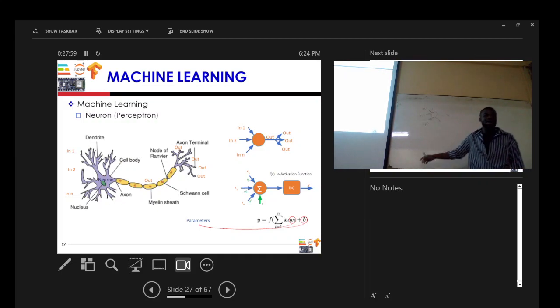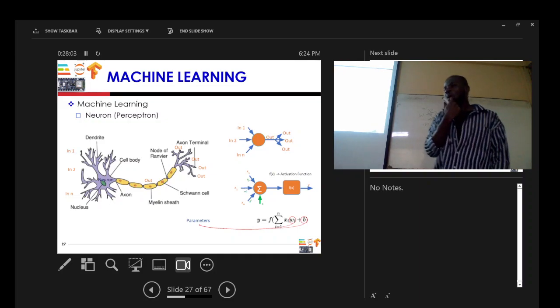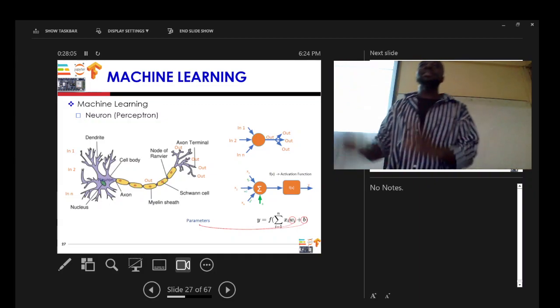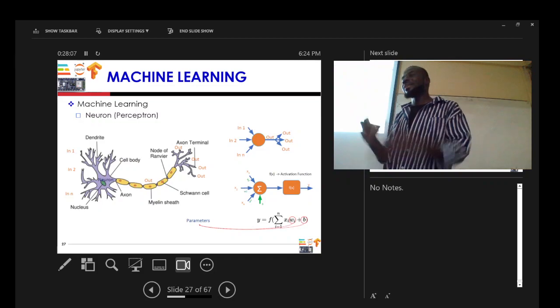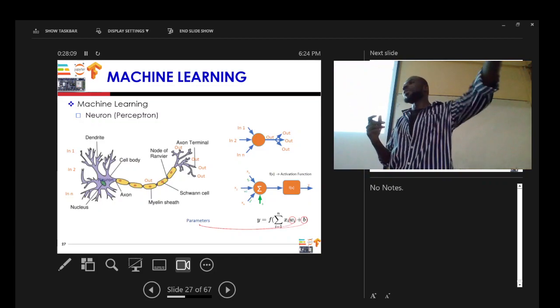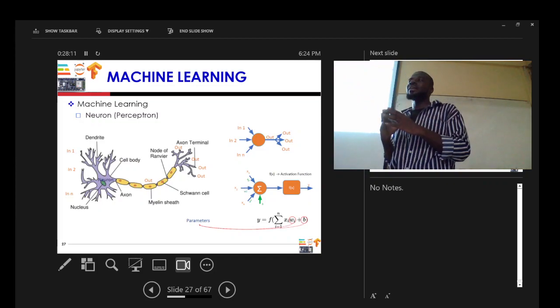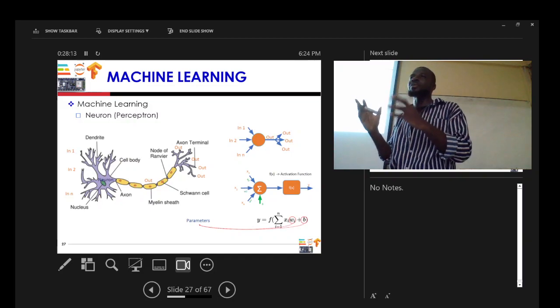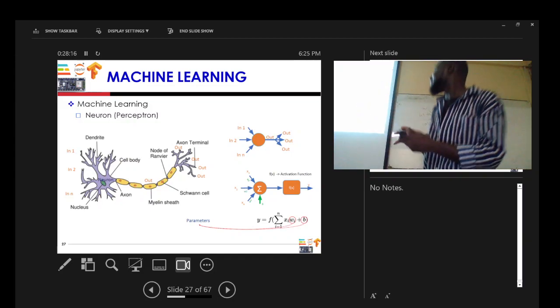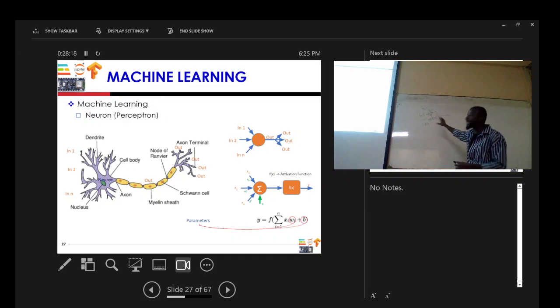Now, what does all of this mean? As I said, it's machine learning, so the neuron is learning. If I want to classify whether an input image is a cat or a dog, I feed the image through a system like this, just one neuron.